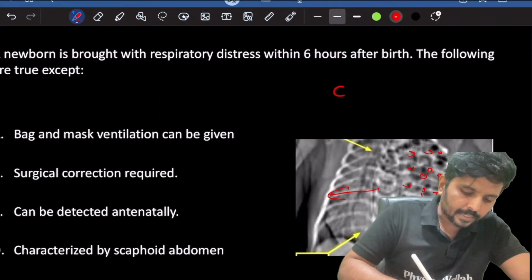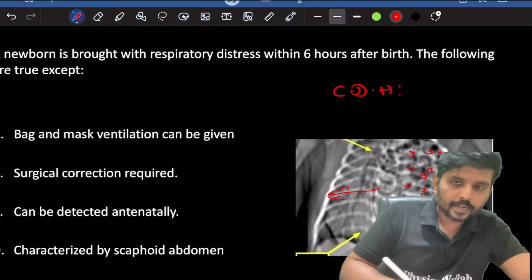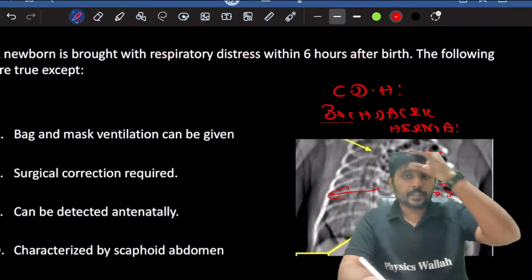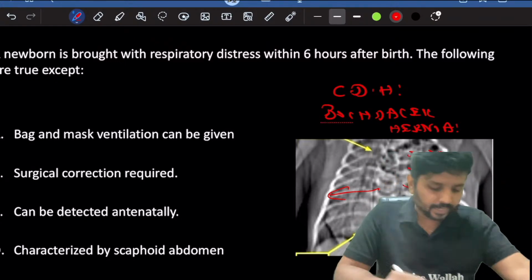So it is a case of congenital diaphragmatic hernia, otherwise known as Bochdalek hernia.